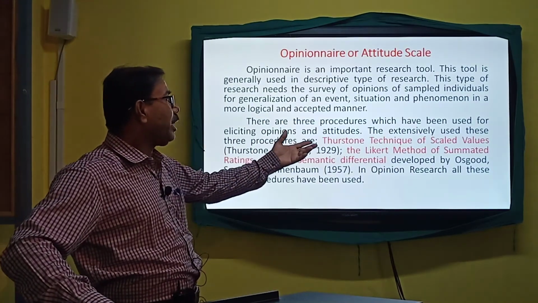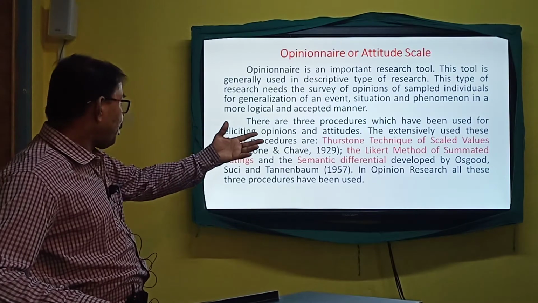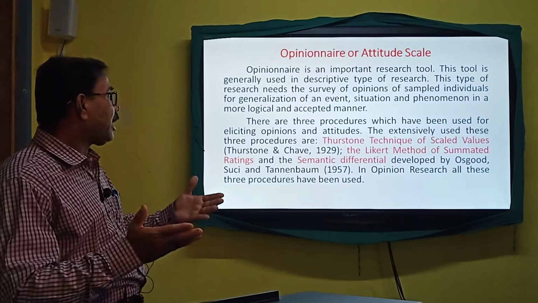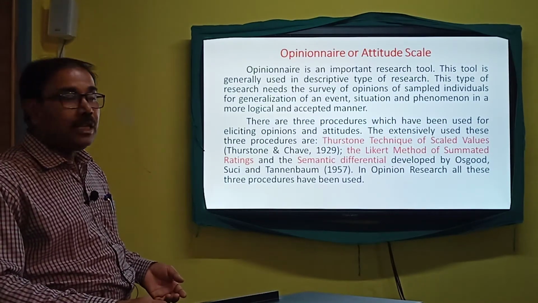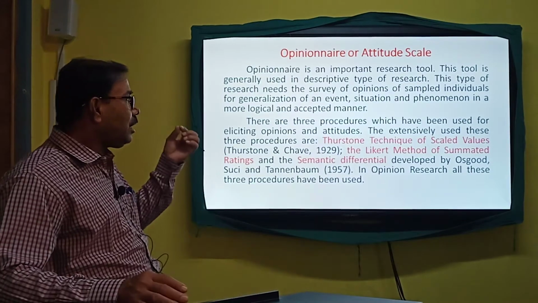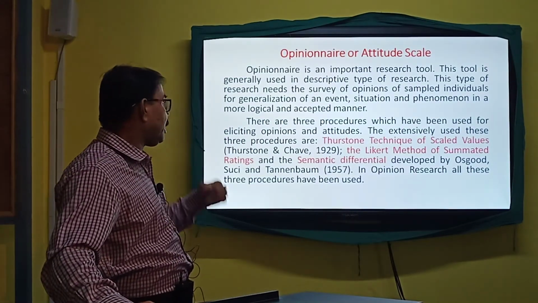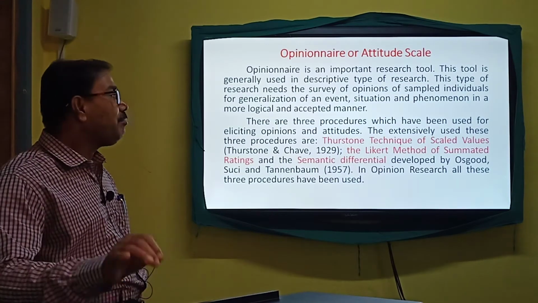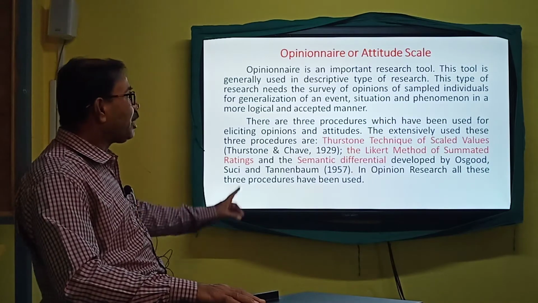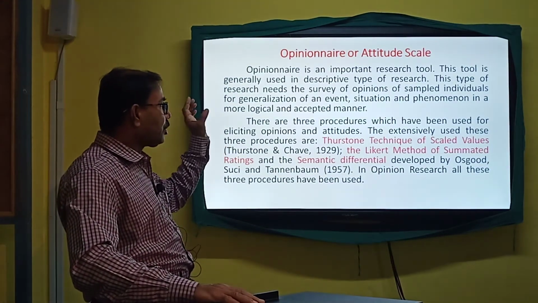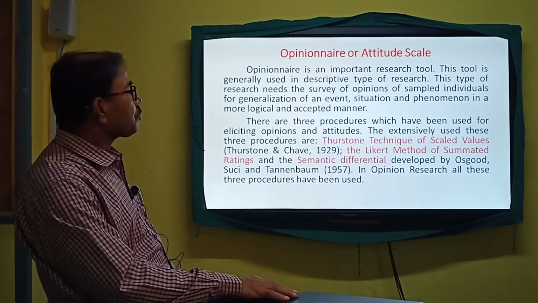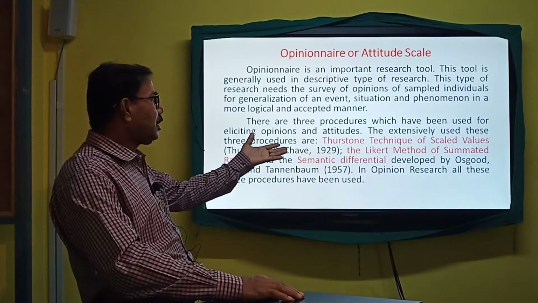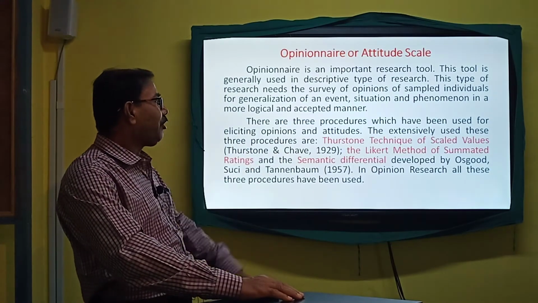Or the Likert method of summated ratings: as a summary, we can get the meaning of the opinions by using it. This is also one of the most important scales for the measurement of opinion, and by studying psychological and research journals, we can come to know in detail about this scale or the semantic differential.